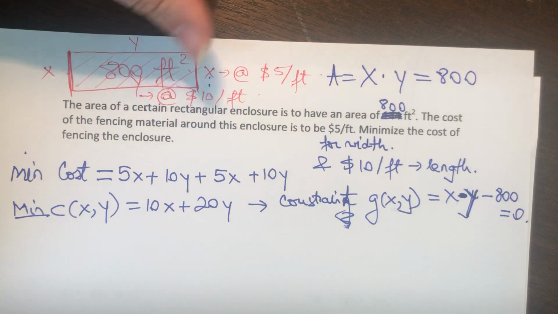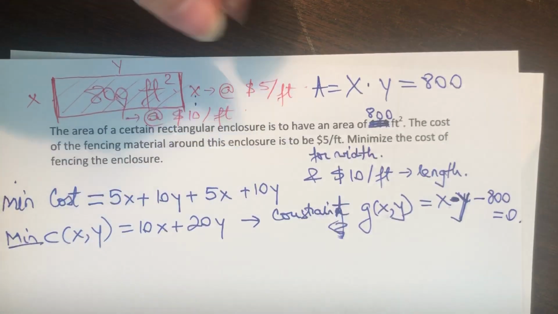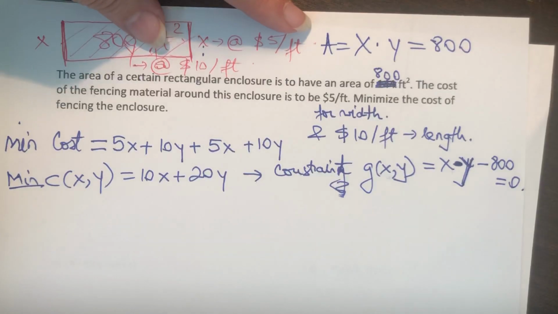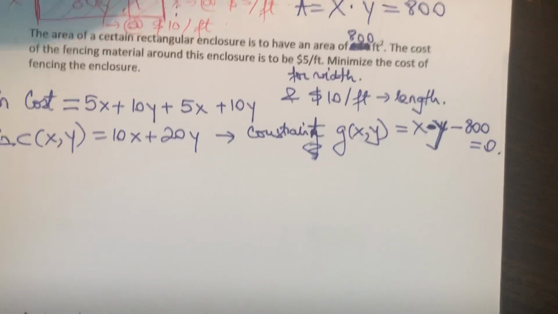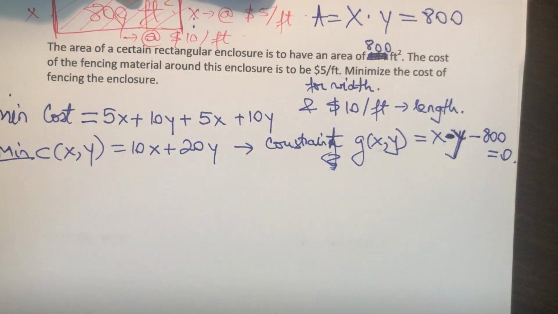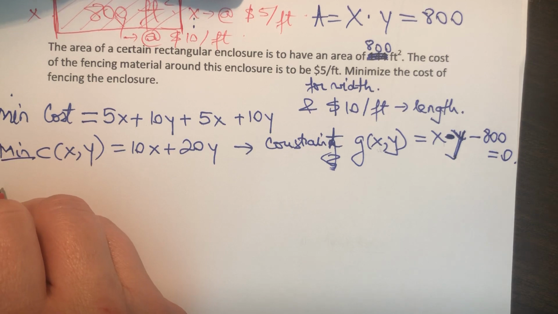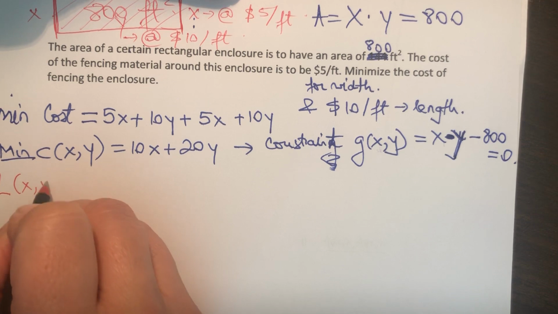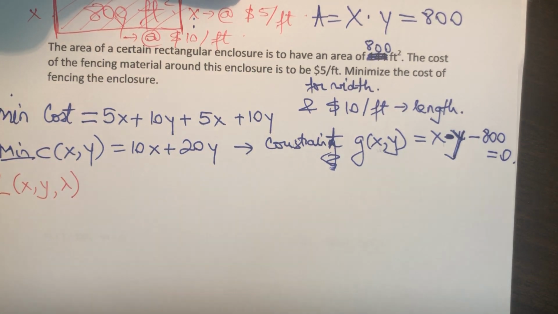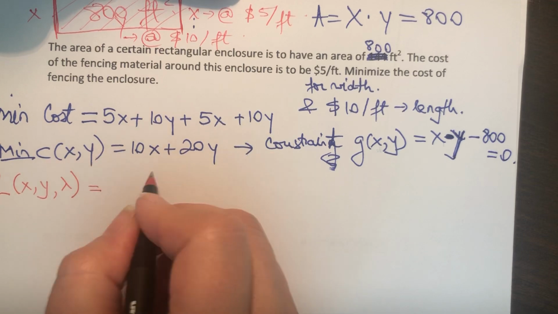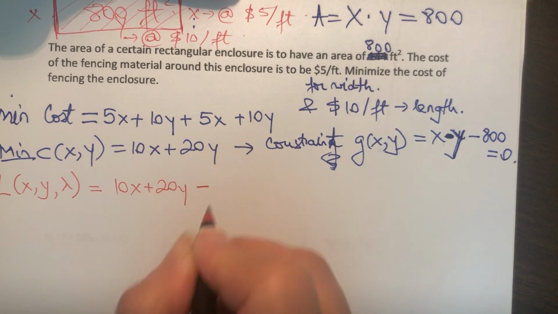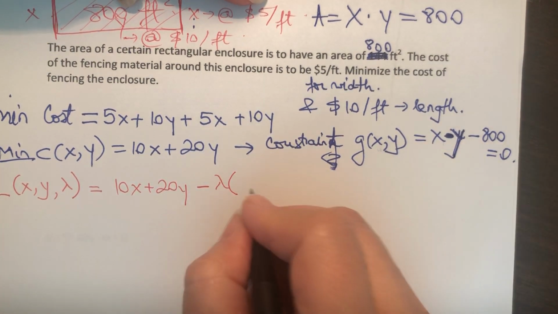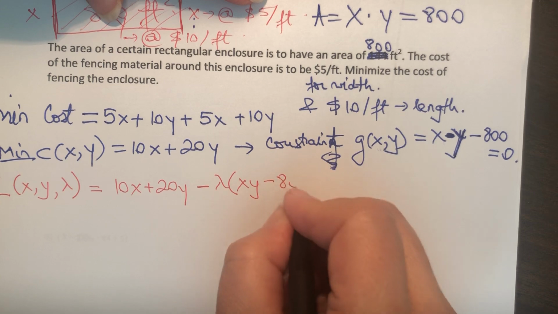Now, out of these two functions, the cost and condition function, we're going to make a new function, which is the Lagrangian, in x, y, and lambda. That's going to be our objective function, 10x plus 20y, minus lambda times our condition function, which is xy minus 800.